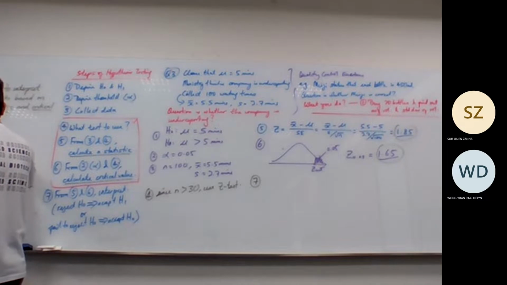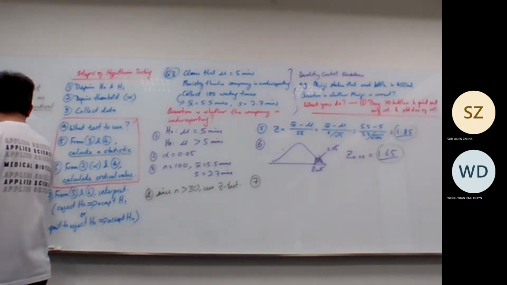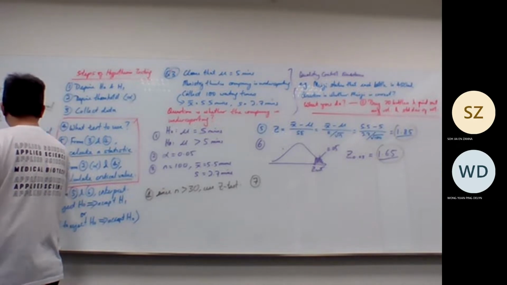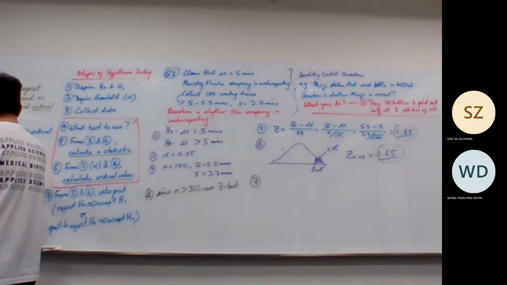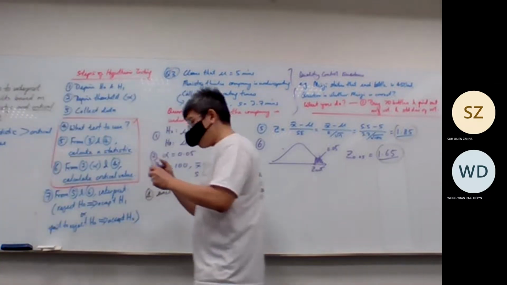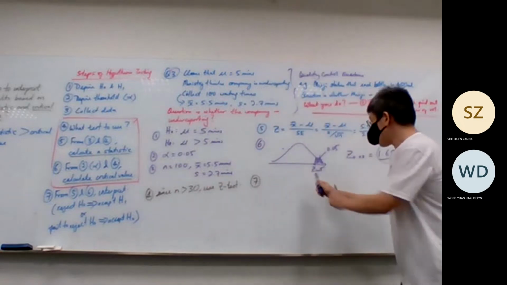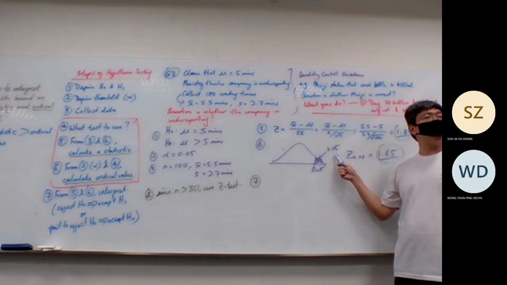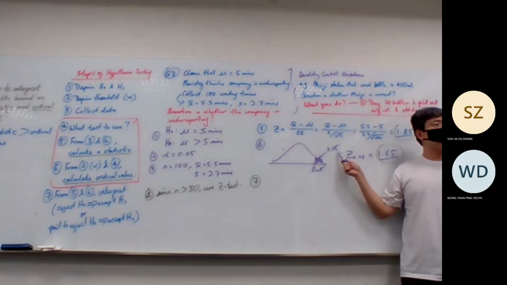If the statistic is more than the critical value, that means the actual statistic is more than the critical value. What do you think the area is? Is it more than or less than 0.05?